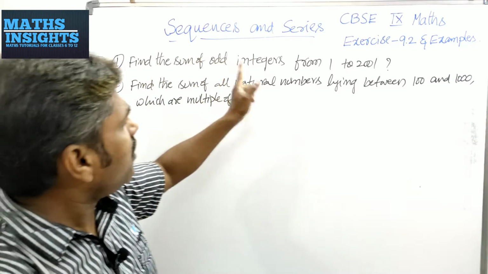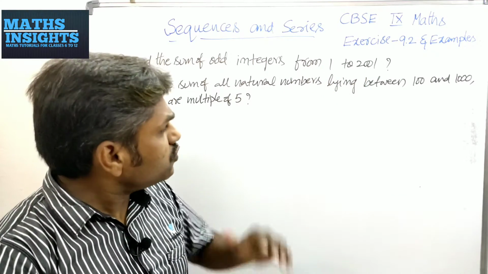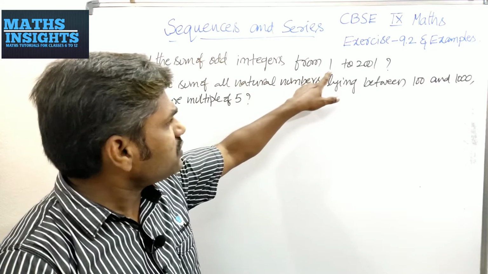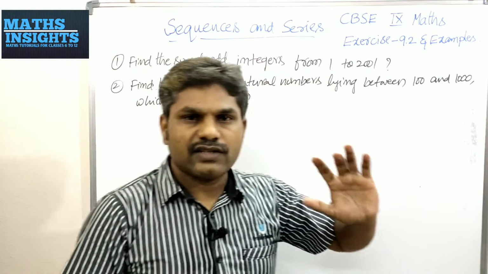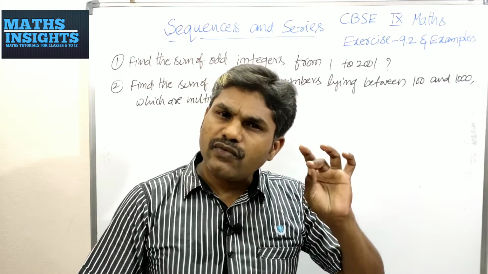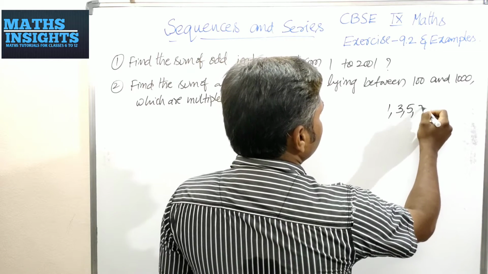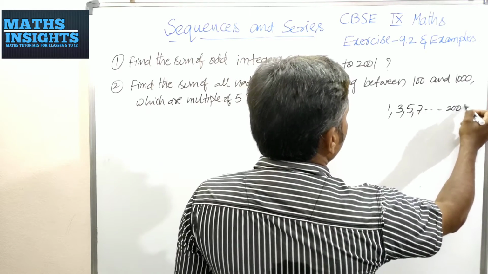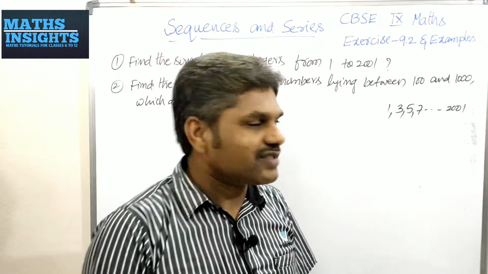Find the sum of odd integers from 1 to 2001. From means you have to start from 1. Odd integers are 1, 3, 5, so you have to write 1, 3, 5, 7 and so on. 2001 is also an odd integer. Is it or not, my dear students?